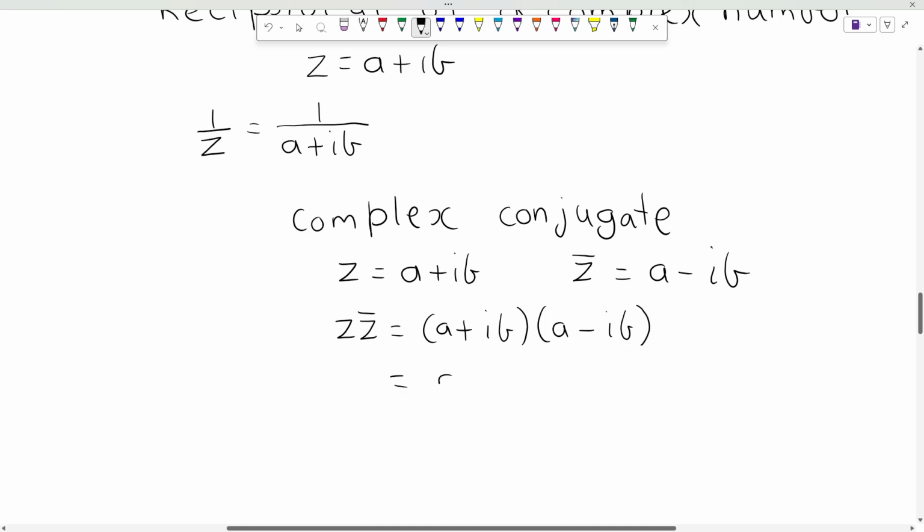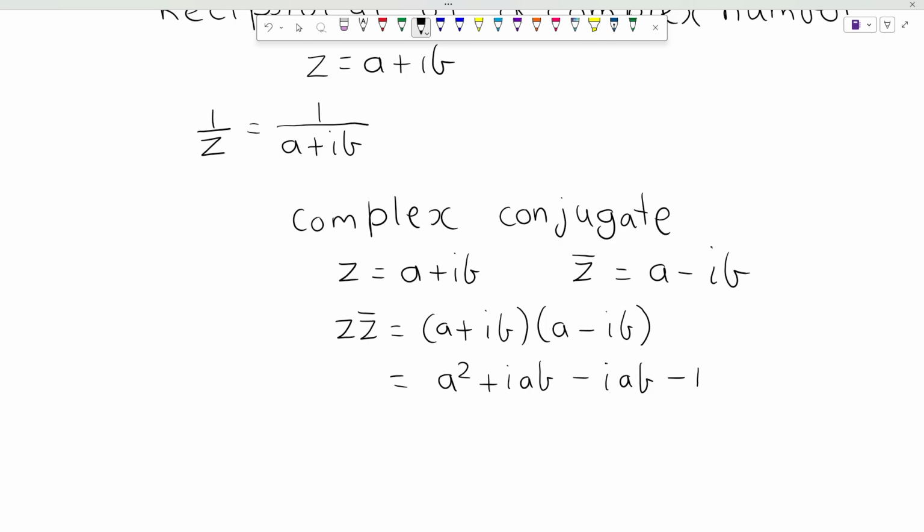So this will be equal to a square plus iota times ab minus iota times ab minus iota square times b square. So this and this will get cancelled. Minus iota square will be plus 1. So this will be equal to a square plus b square. Okay. So z times z bar is a square plus b square.